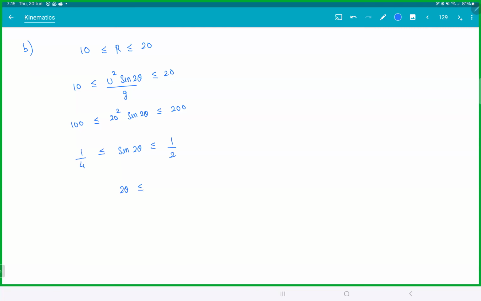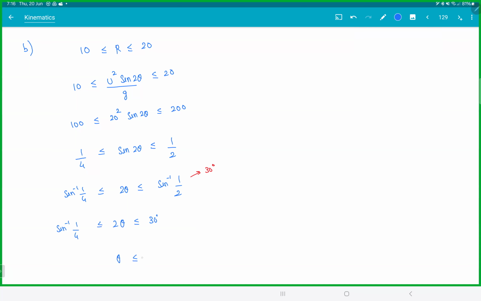So 2 theta will lie between sine inverse half and sine inverse 1 by 4. So sine inverse half is nothing but 30 degrees. Isn't it? Sine 30, this is 30 degrees. So 2 theta is between 30 degrees and sine inverse 1 by 4.